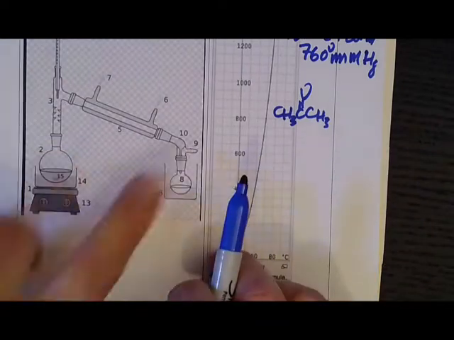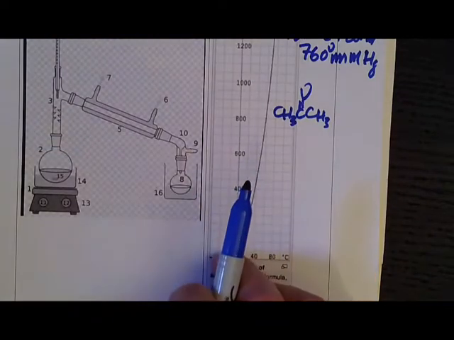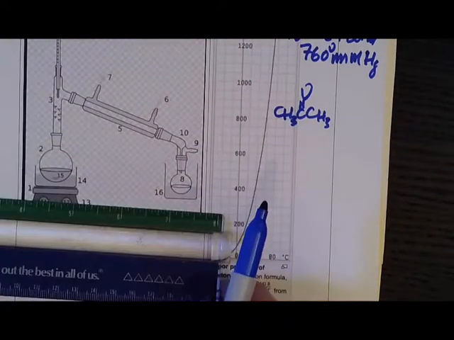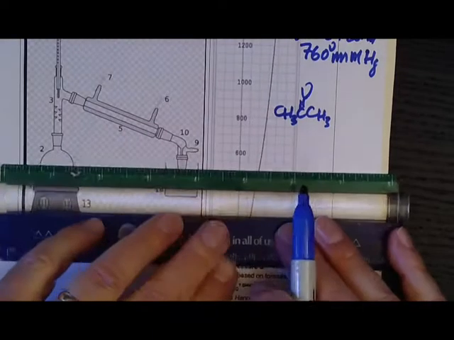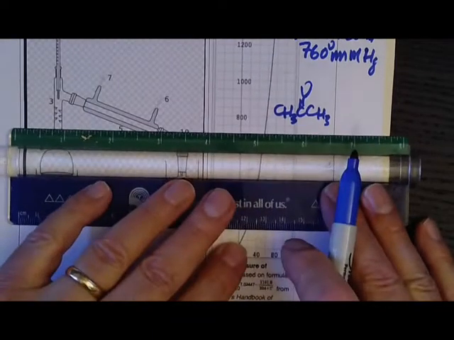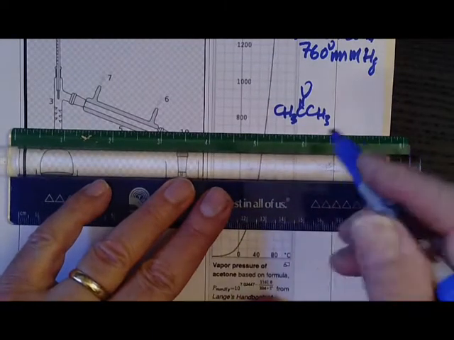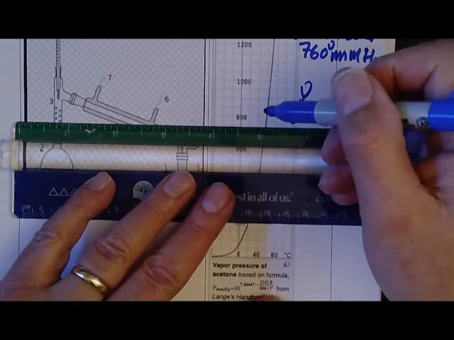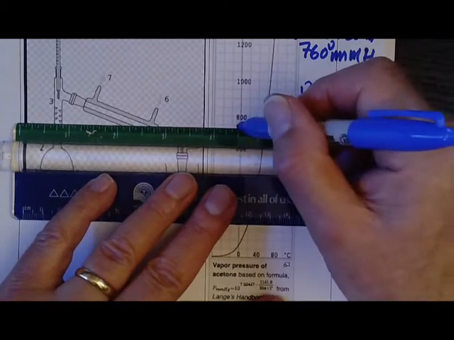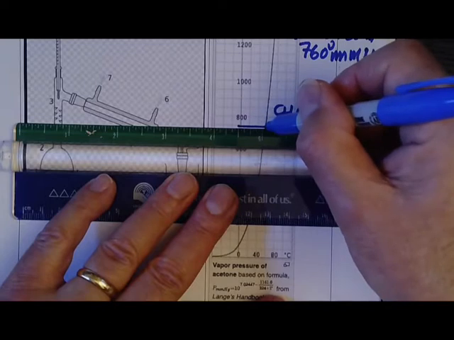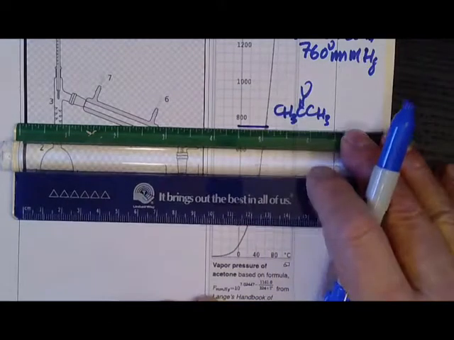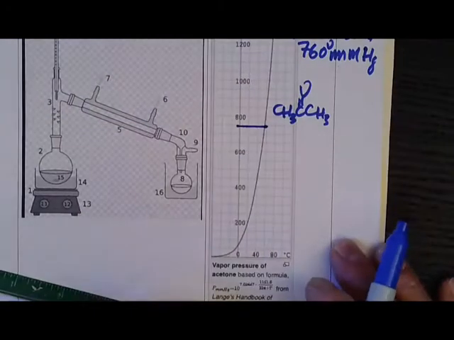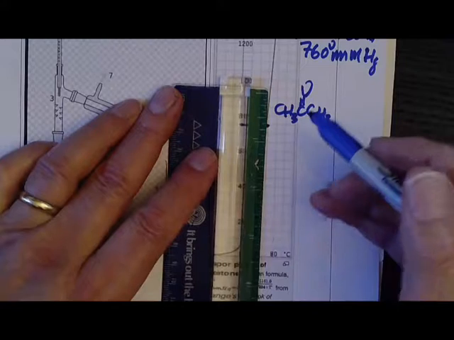If I use a ruler, I don't know what exactly it is, I'll say somewhere here. I draw a line from here to here. This is the curve for the pressure. Then I draw a line down here.